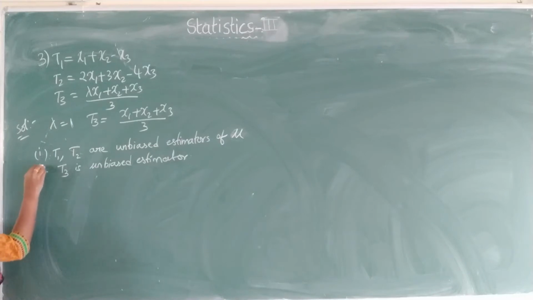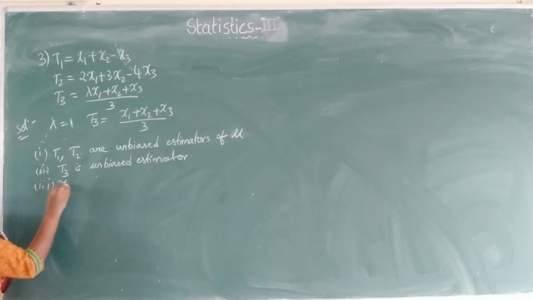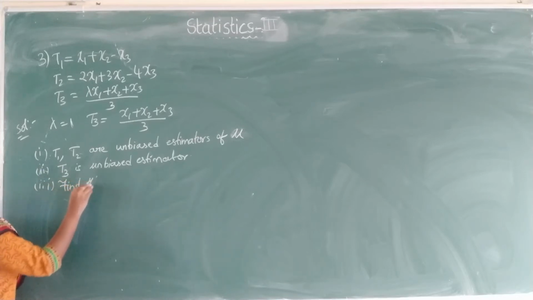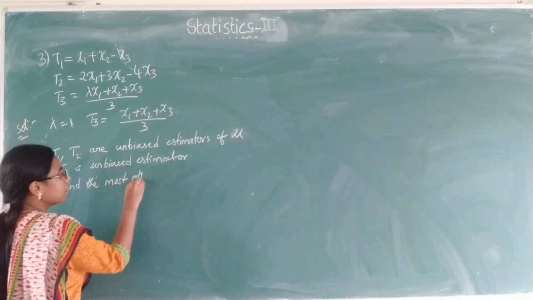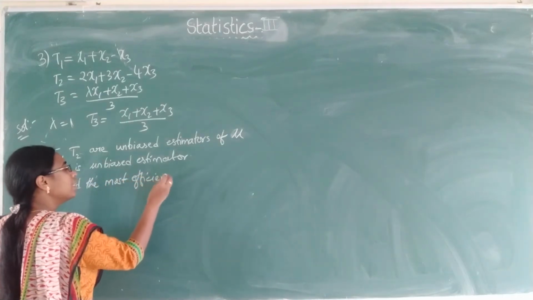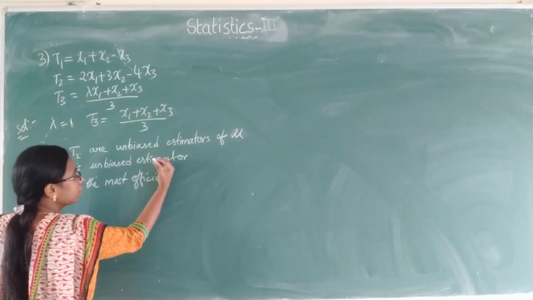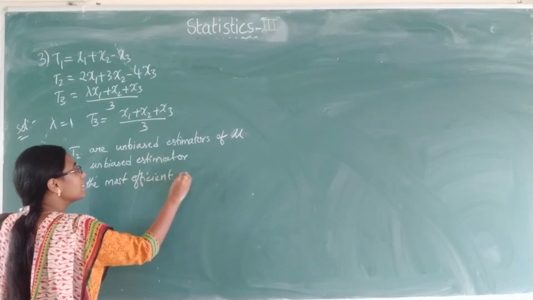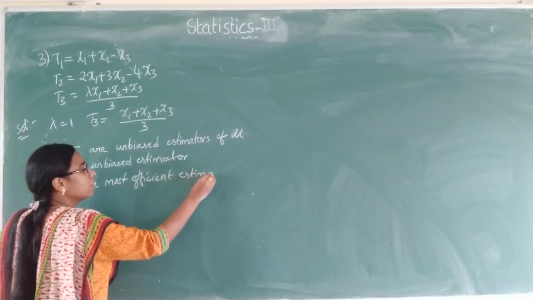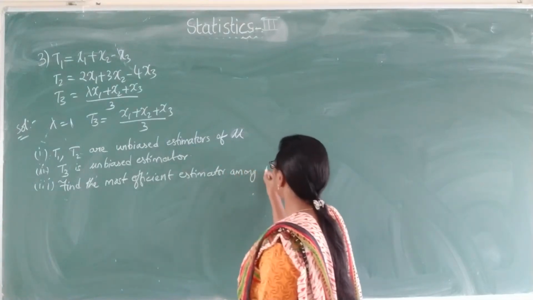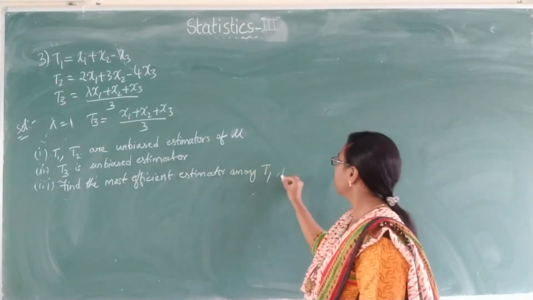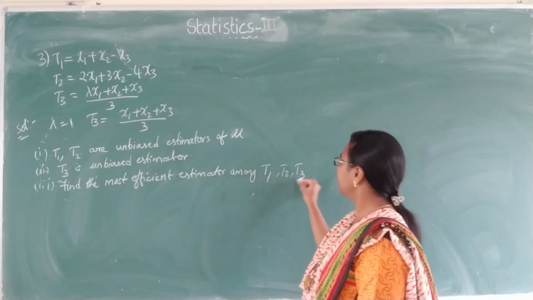Now the third bit we have to prove is to find the most efficient estimator. Among how many estimators? Three estimators, that is T1, T2, T3.